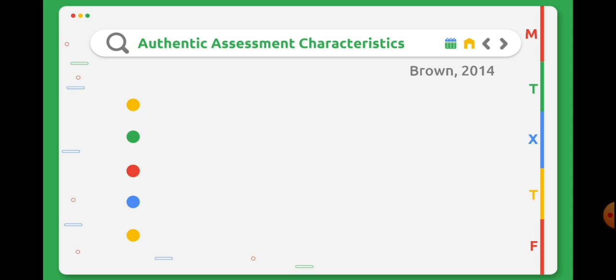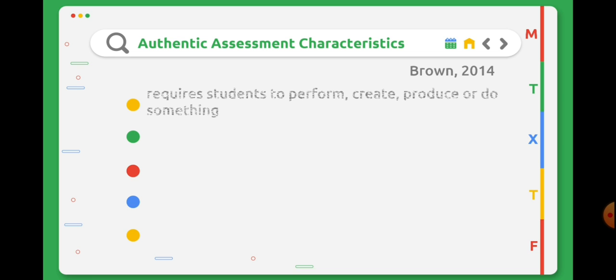According to Brown, there are 8 characteristics of authentic assessment. The first one is that it requires students to perform, create, produce, or do something. Second, it uses real-world context or simulation.